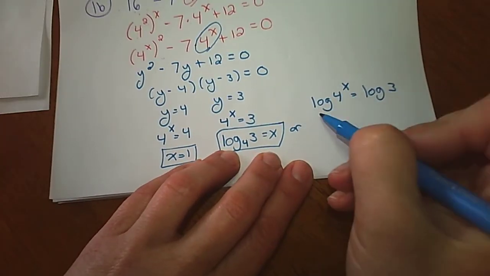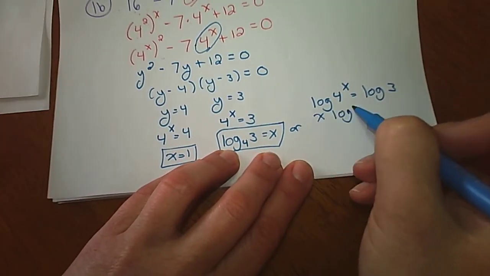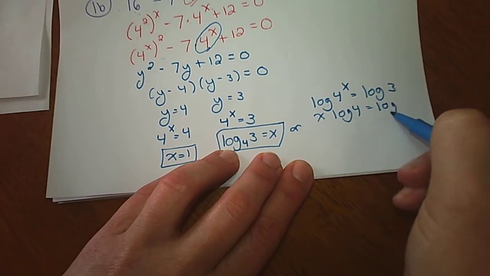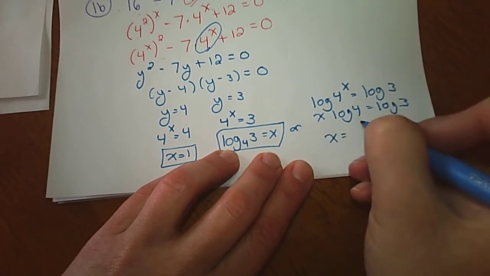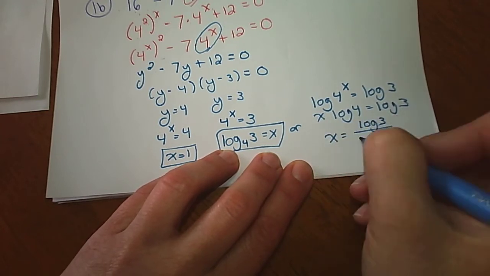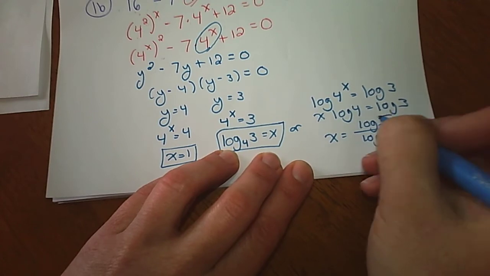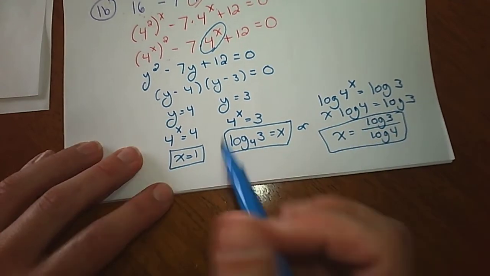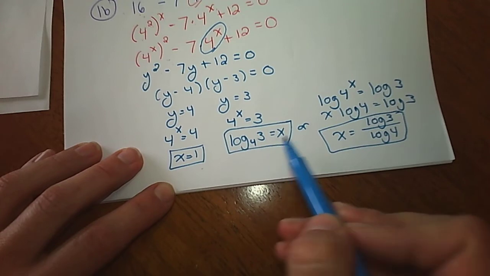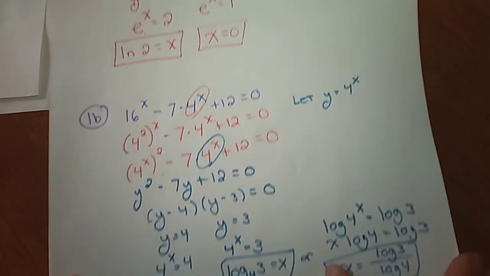The x falls down in front. So x equals log 3 over log 4. So 1 is an answer, or either one of these. Okay.